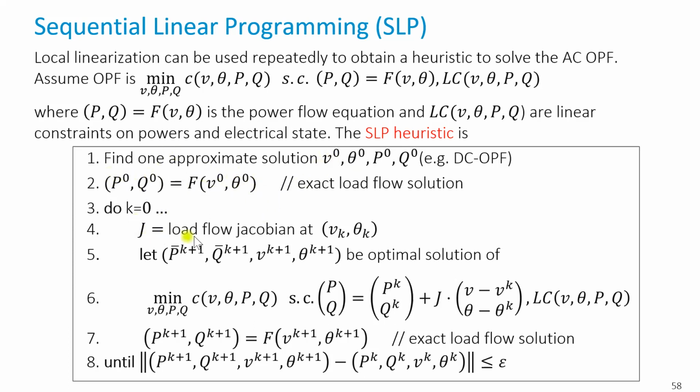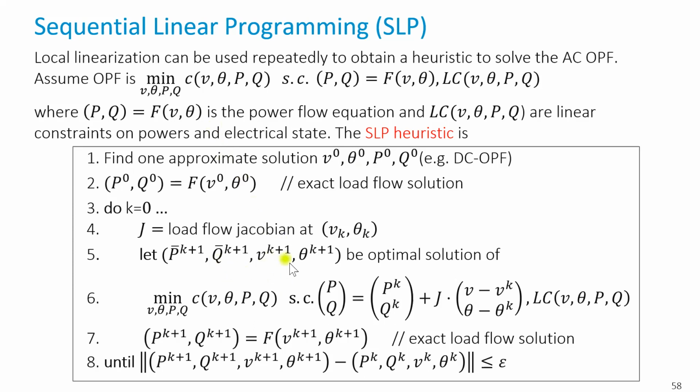I compute the load flow Jacobian at this point, and I solve the approximate problem where I've replaced the grid equations by this linearization that we saw a minute ago. That gives me an optimal solution. I call P bar Q bar the optimal solution because the grid equations are approximate. The load flow equations don't hold exactly.